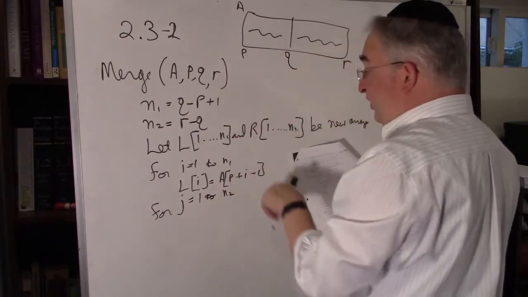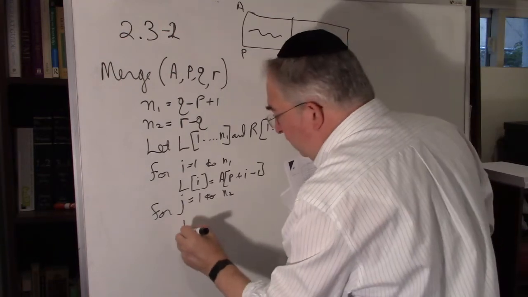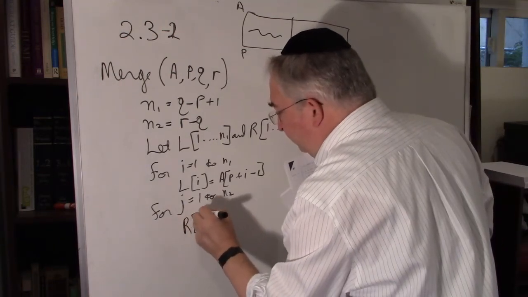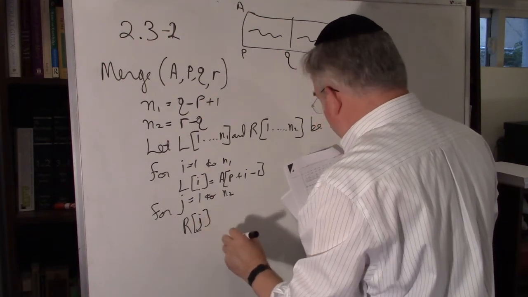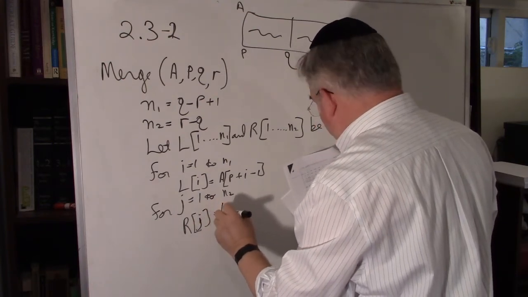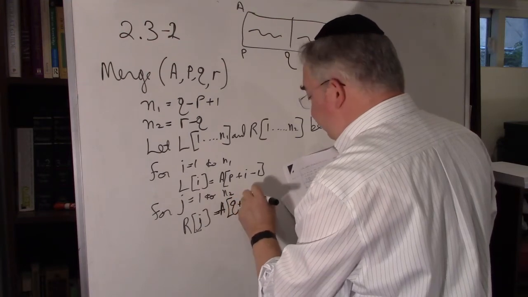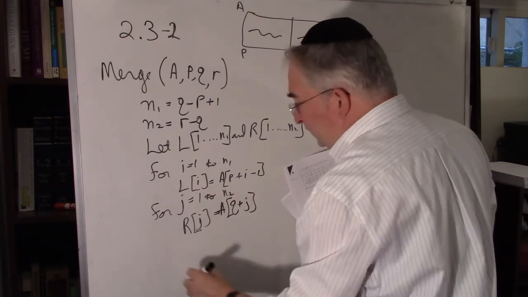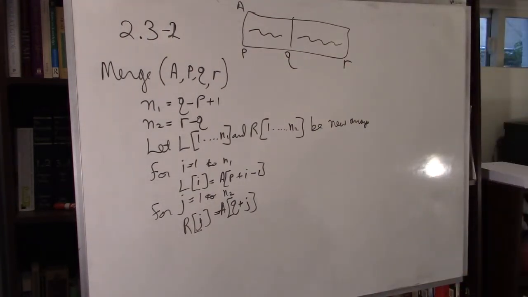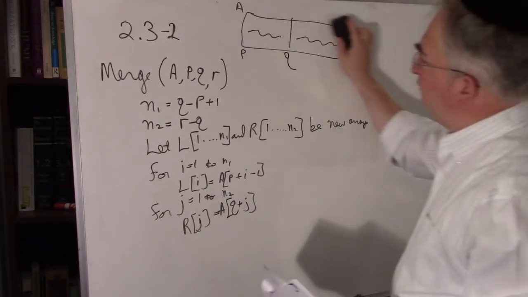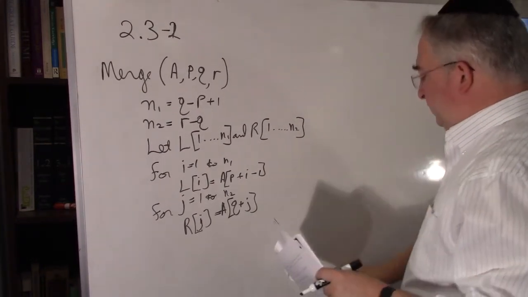Okay, here we filled in the left side, now we're going to fill in the right side. R of J, sorry, is equal to A of Q plus J. Okay, we did that already.